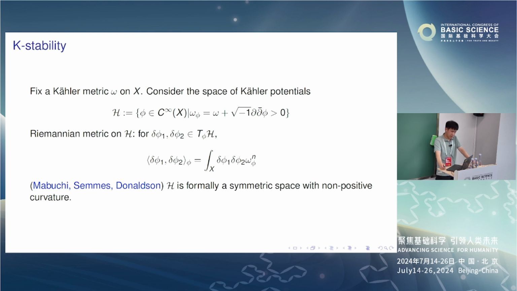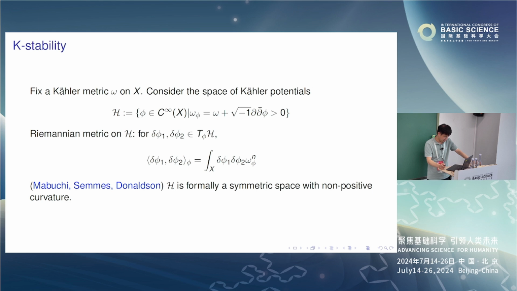This is a subspace of C infinity of X, and it's open and convex in the obvious topology. But there's a Riemannian metric you can formally define on this space. If you take a point in the space, because the space is open, the tangent vectors are just functions.